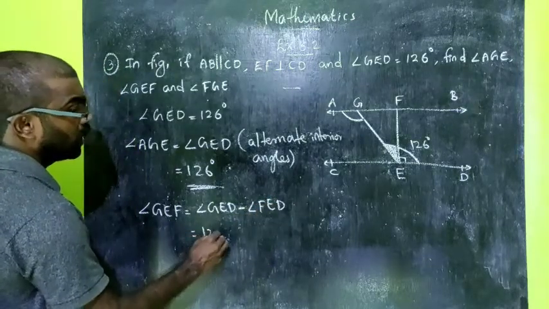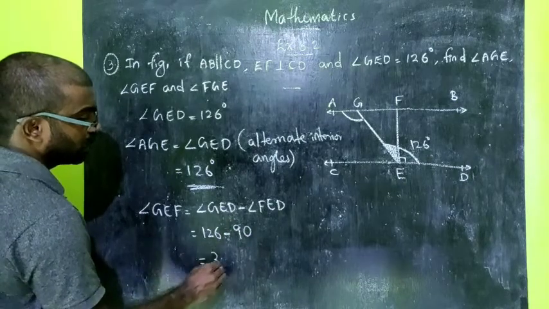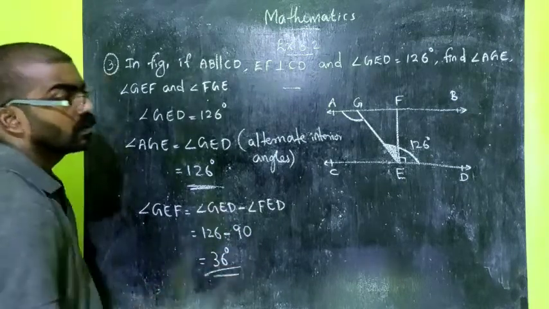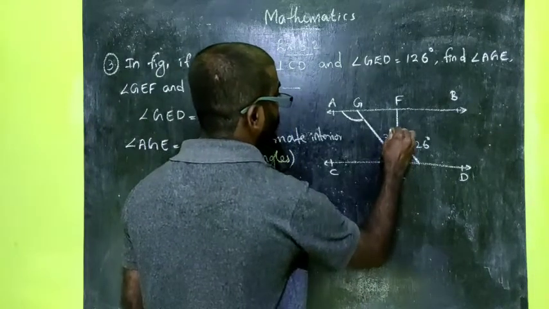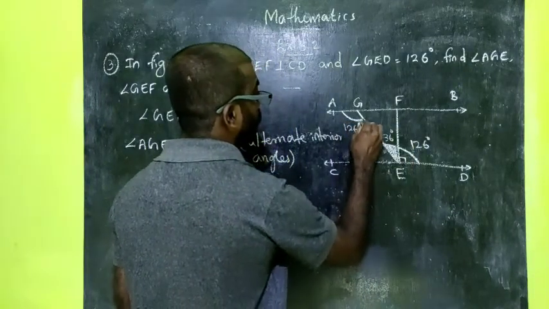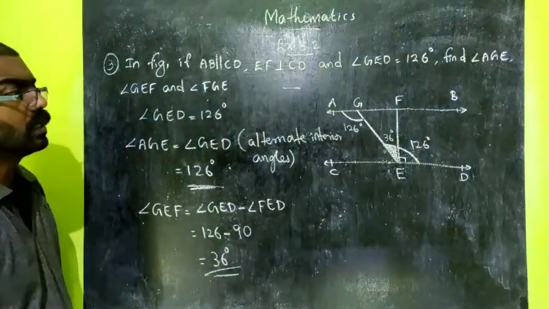That is 126 minus 90, which gives 36 degrees. So here it is 36 degrees. Here 126 degrees.